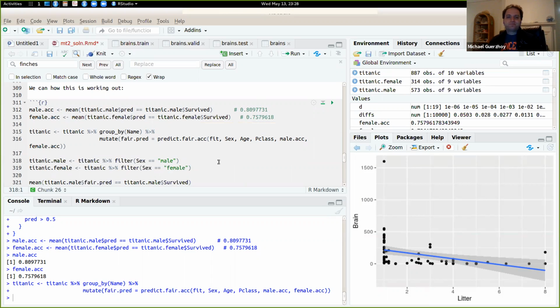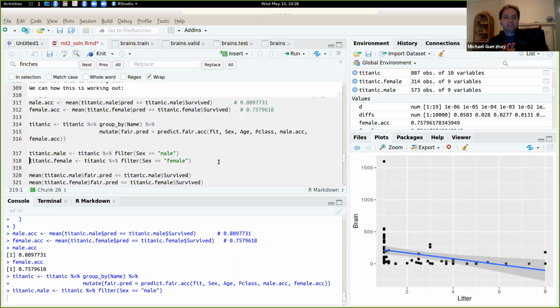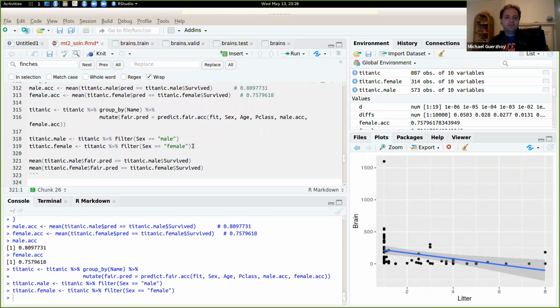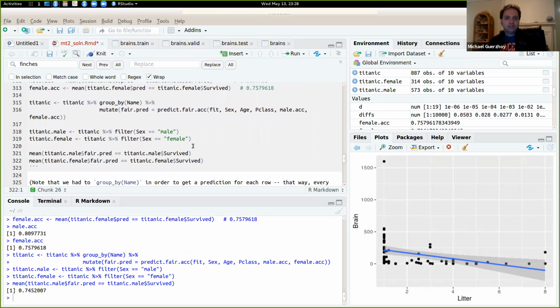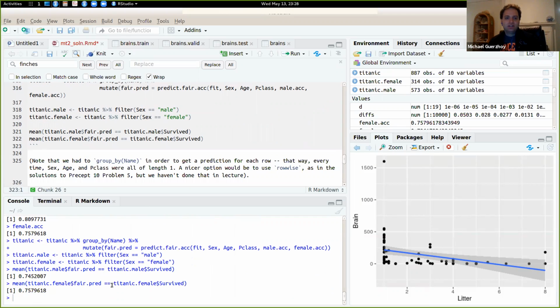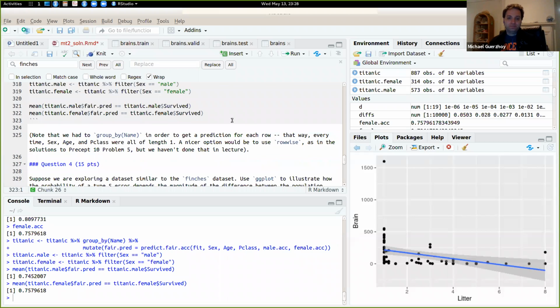So here, I'm getting, again, Titanic male, Titanic female. And here I have my performance for males. It's 74.5, and this is 75.79 as before. So about right. Of course, it's going to be a little bit random. It's not going to be exact. But you see that those are much closer. So that is the infamous question 3.